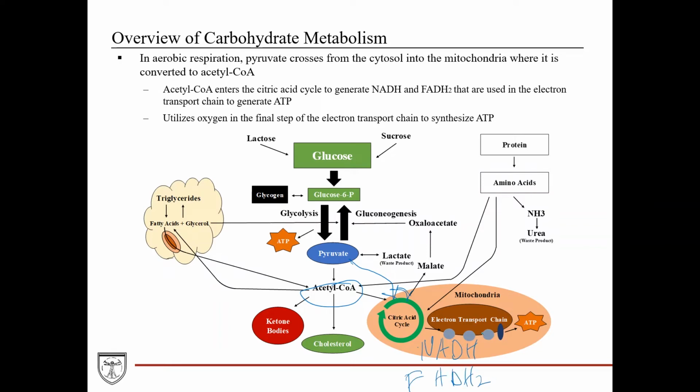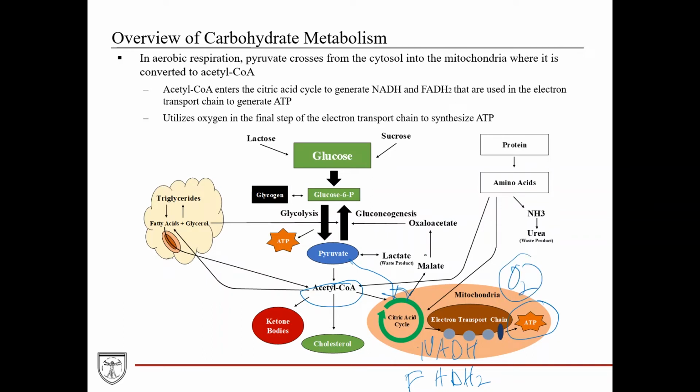And these are electron carriers that transport electrons to the electron transport chain, which is a series of membrane transporters in the inner membrane of the mitochondria. And they generate this hydrogen gradient, and we'll go through these details in much more depth in the next lecture.